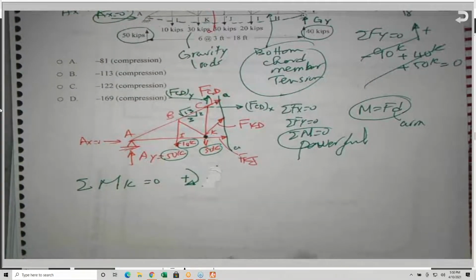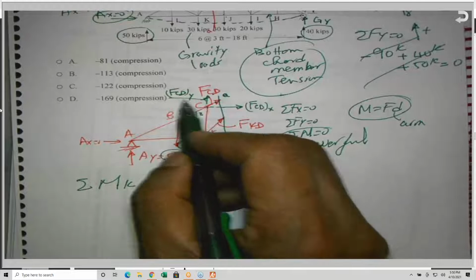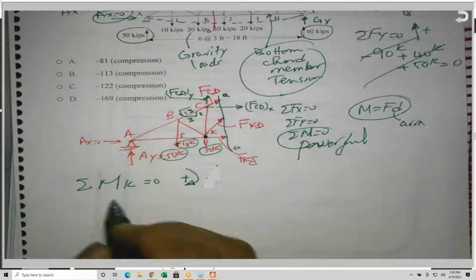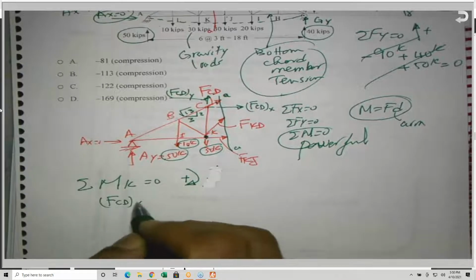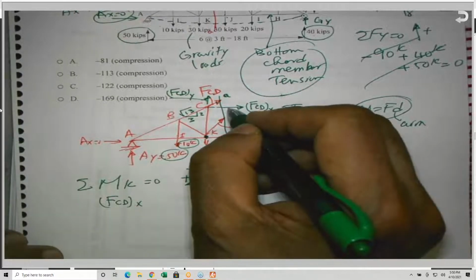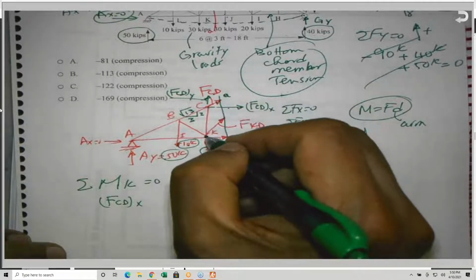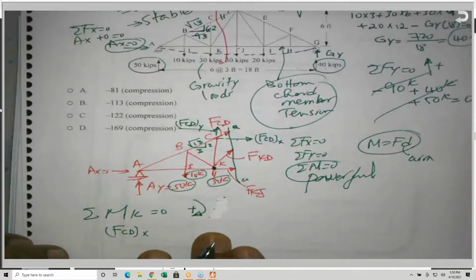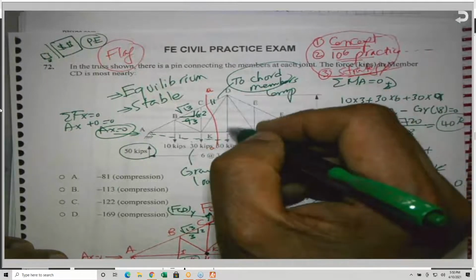So I will sum moment about here. So the FCD in the x direction, which is this component here, which I will calculate in just a minute, times the arm. How far from here to here? Remember, this is 6.